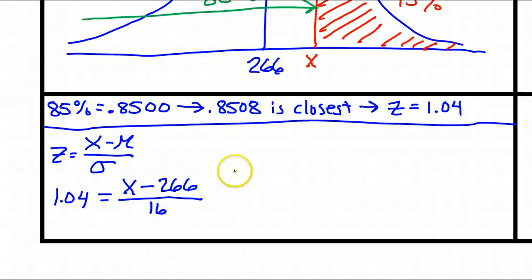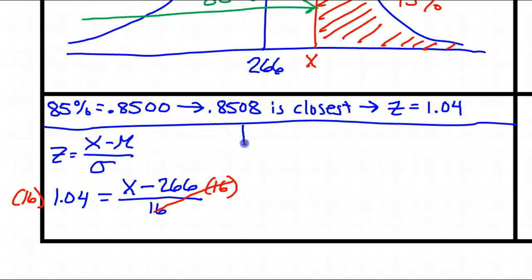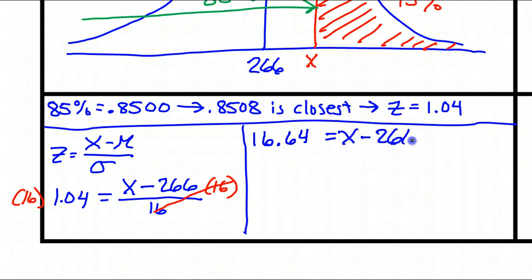Okay, so if I solve this, I find x, and really I'm done at that point. So I would solve this by multiplying both sides by 16. That way these cancel out. Okay, so 16 times 1.04 is giving me 16.64 is equal to x minus 266.